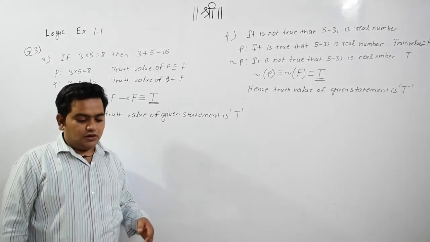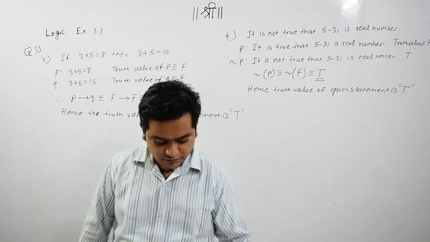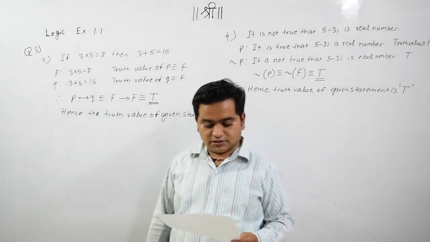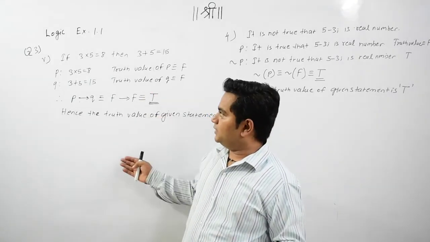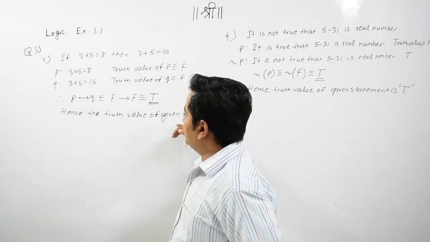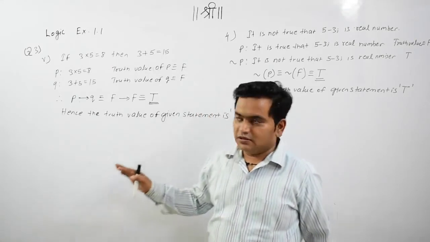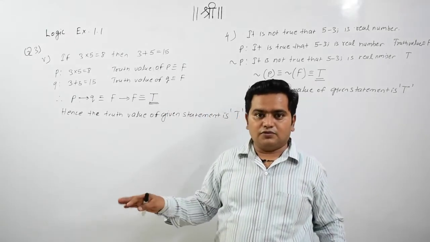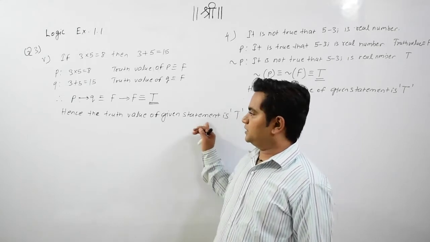So now let's move to question number 4. Hope you got this answer. In question number 6 you need to put the values in the same way. Don't mess up this pattern. This is the simplest pattern to find out the truth value. This question will be asked for only 1 mark. So if you want to do all this stuff you can, otherwise leave it, but just put the truth value of the statement.